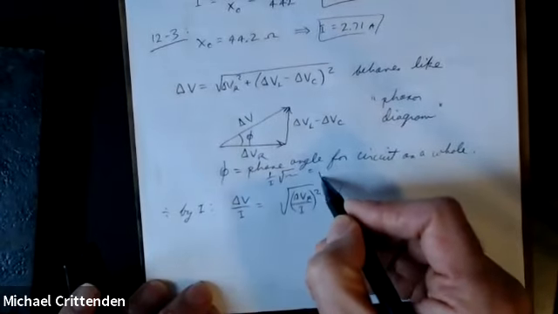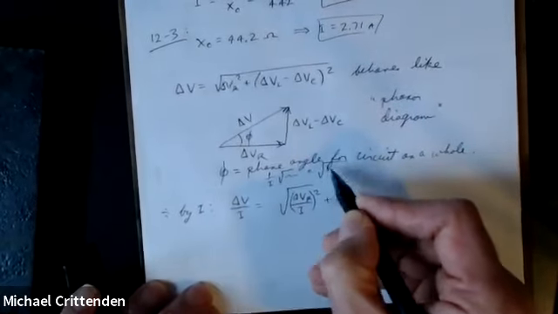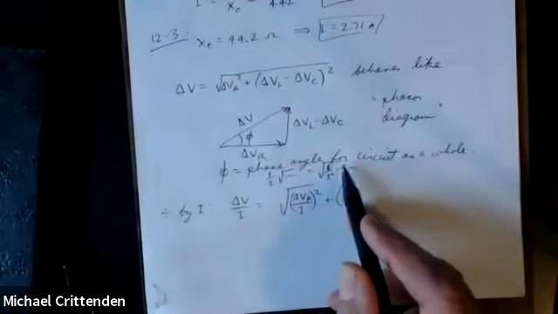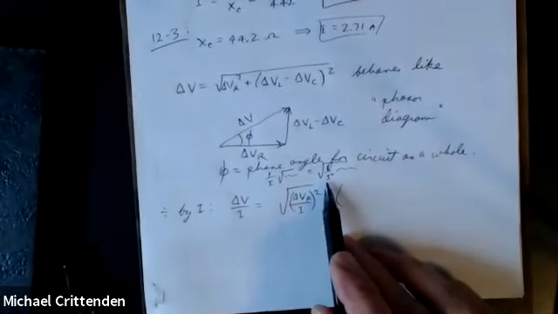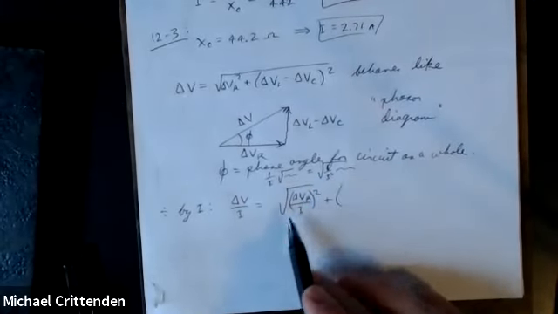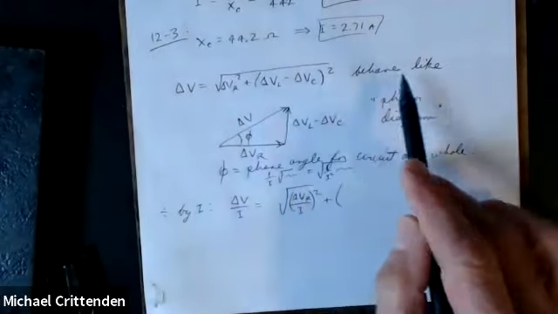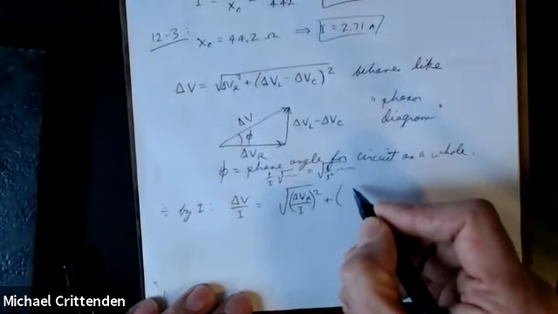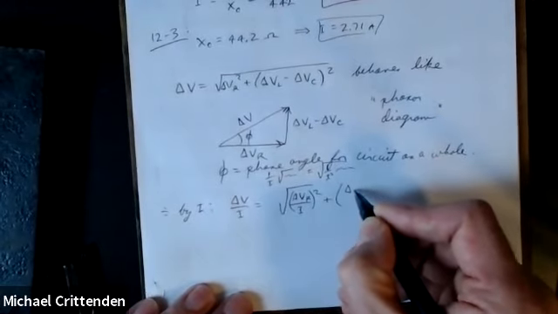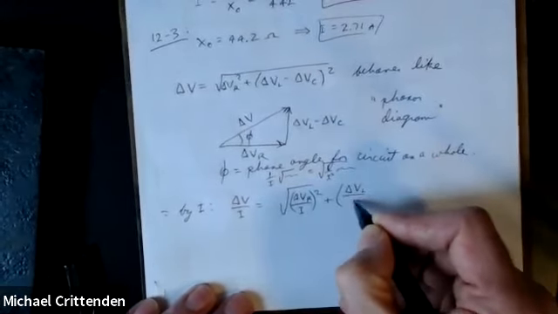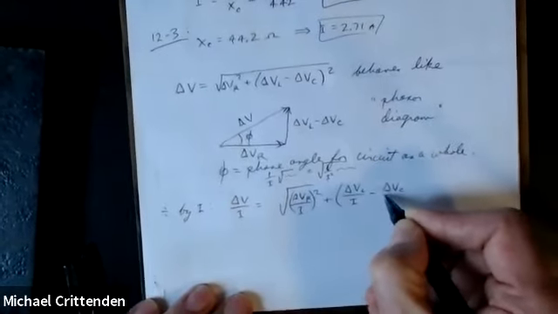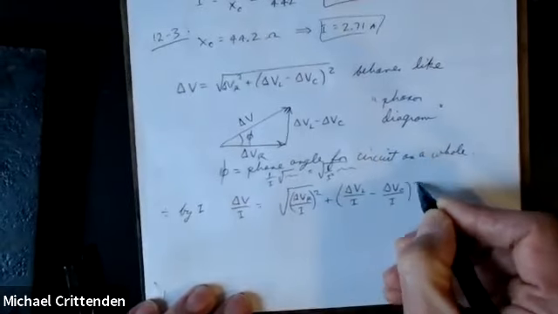That would be equal to the square root of 1 over I squared times all that other stuff. Square root of I squared would be I. So once I get it inside the square root, I'm going to use the distributive property across all of these terms, and you'd have delta V_L over I minus delta V on the capacitor over I.